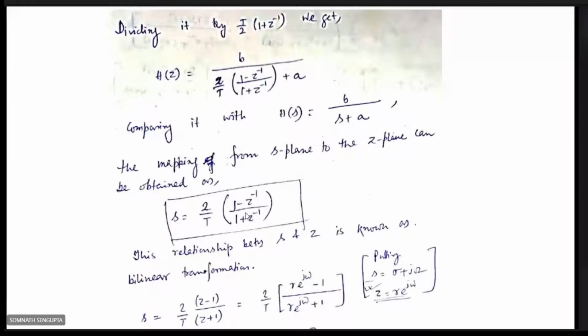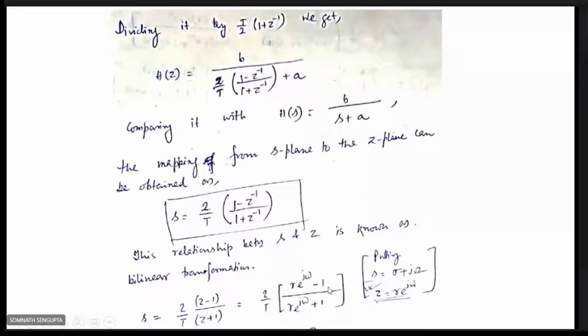So the mapping from the s plane to the z plane can be obtained as s is equal to 2 by t into 1 minus z inverse divided by 1 plus z inverse. This relationship between s and z is known as bilinear transformation. So s is equal to 2 by t, z minus 1 by z plus 1.